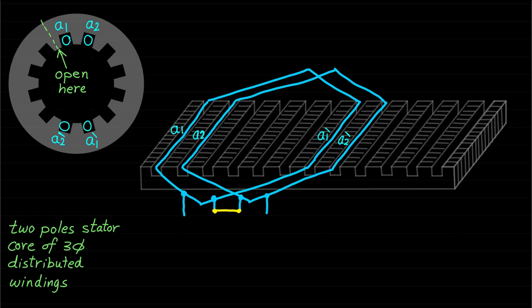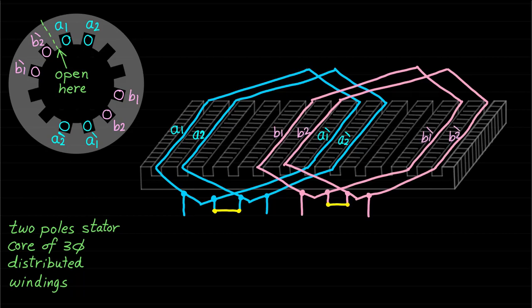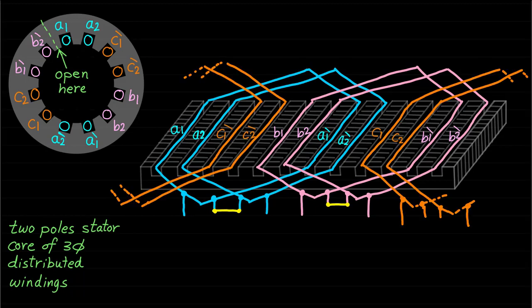Similarly, phase B winding is implemented with two coils B1 B1' and B2 B2' connected in series. Also, phase C winding is implemented with two coils C1 C1' and C2 C2' connected in series.